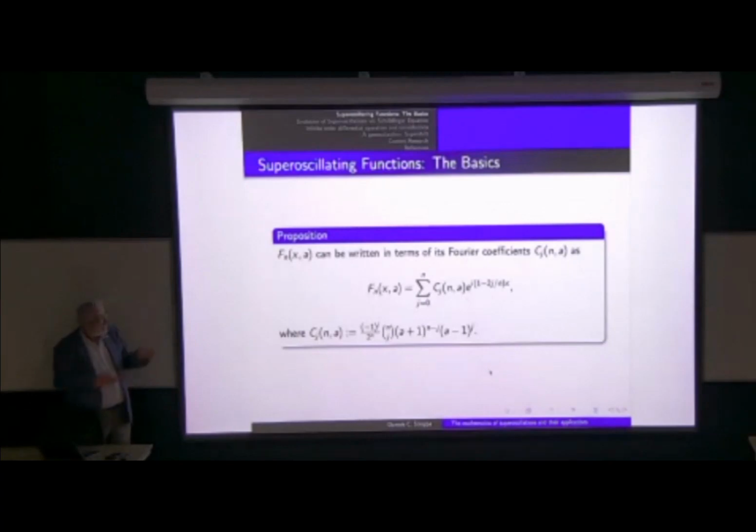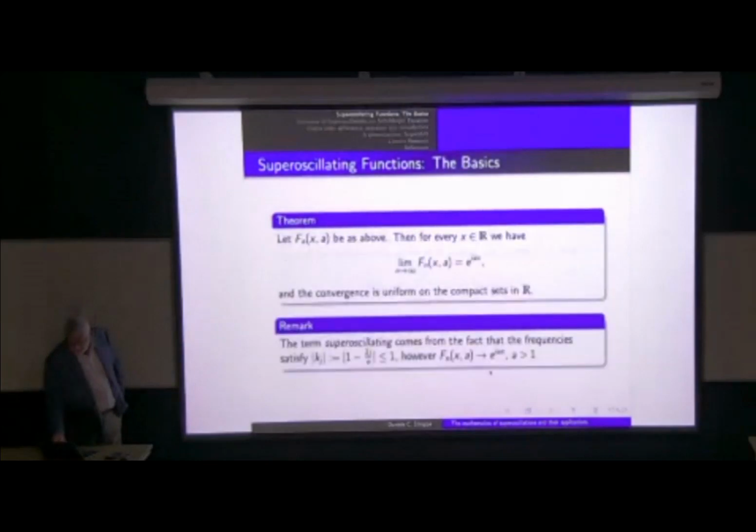The peculiarity here is that every time you increase n, you also change the coefficient. So it looks like a series, but it's not a series. And that's the reason why the apparently strange phenomenon is not strange at all, because you have to kind of play a trick there.